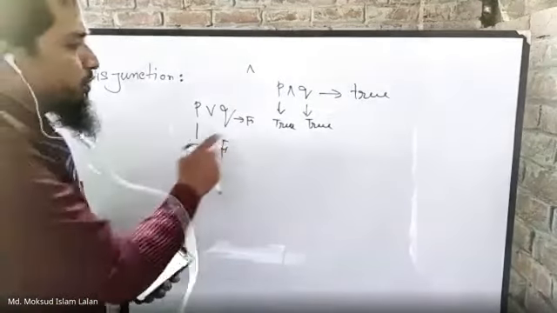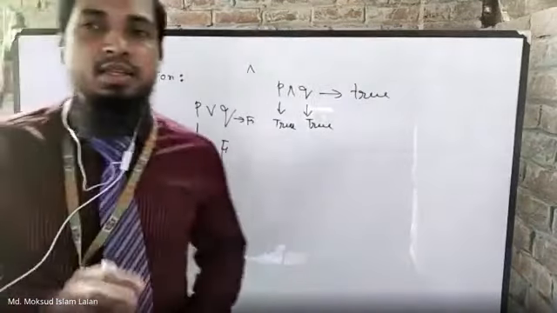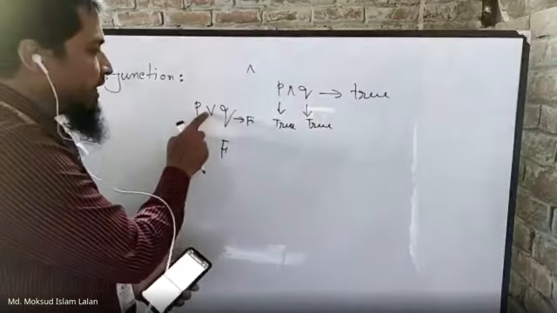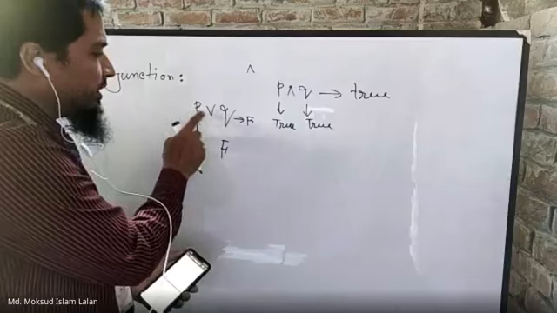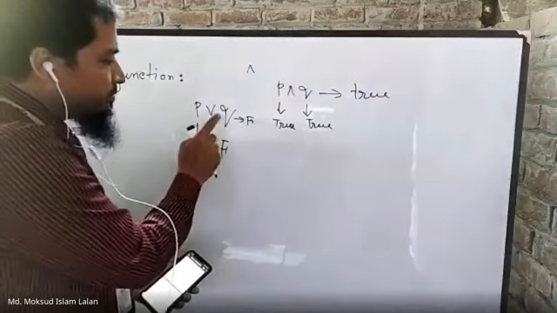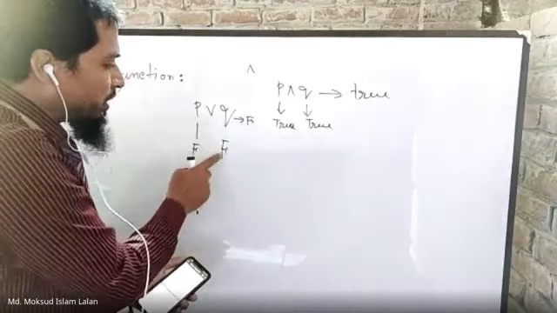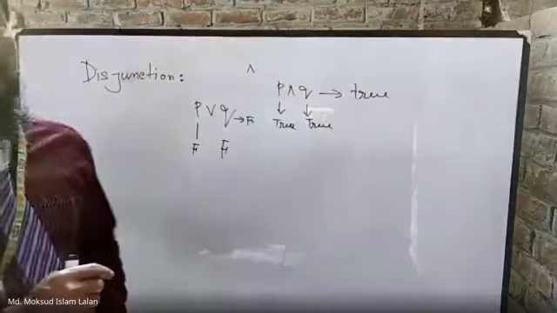So the definition is: let P and Q be two propositions. The disjunction is denoted by this sign, P disjunction Q. Disjunction is false when P and Q are both false, otherwise true.